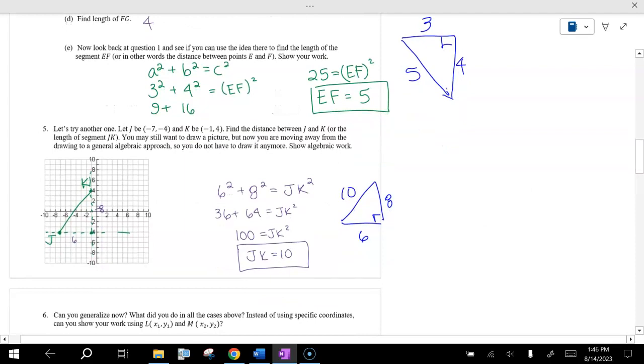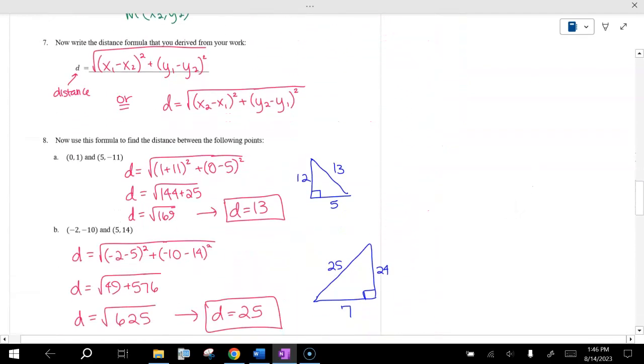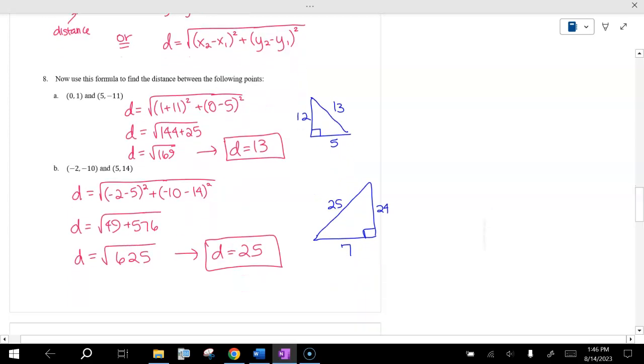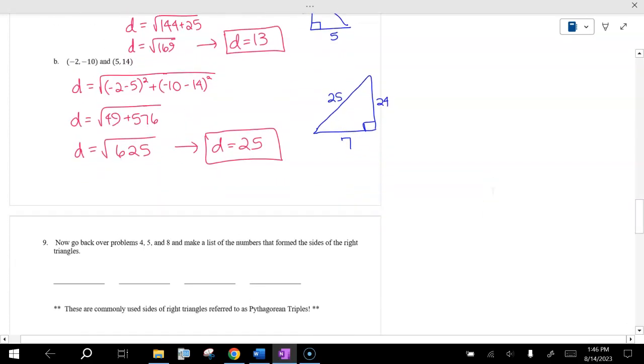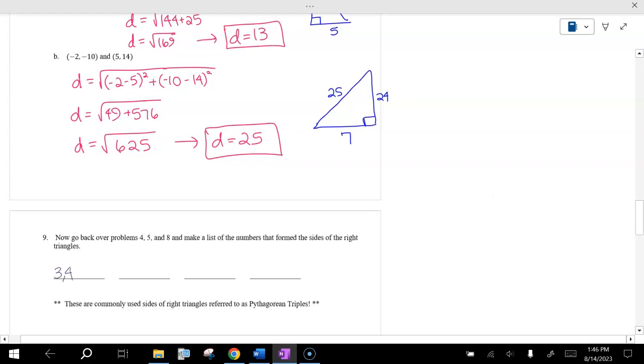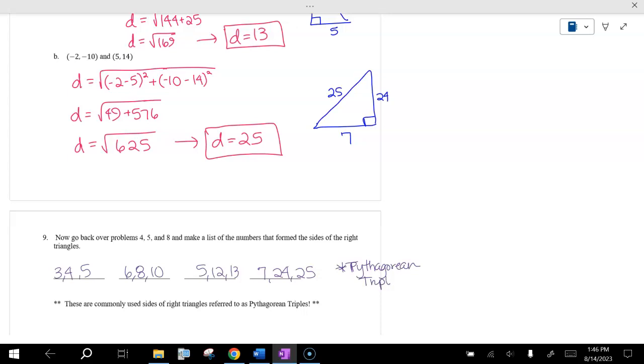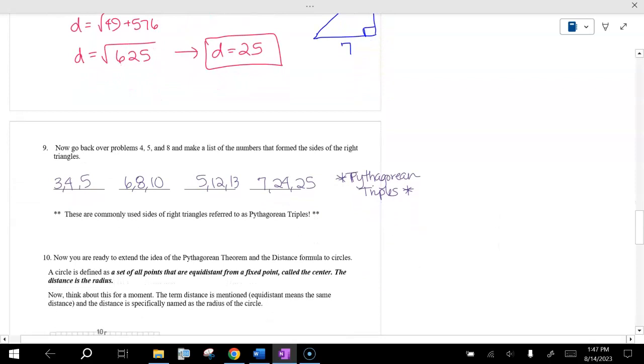Here we had 6, 8, and 10. 5, 12, 13, and 7, 24, 25. These triangles are important. We call them our Pythagorean triples, and we will talk about these more second semester. But I did want you to see those special kind of triangles today.